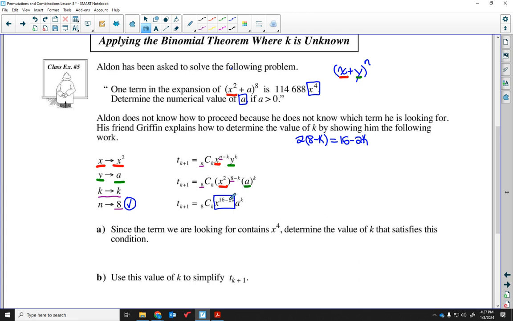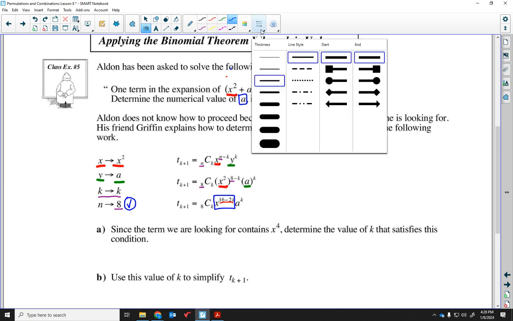Well, x to the power of 16 minus 2k, when simplified, has to be equal to x to the power of 4. So to figure out the value of k, since x needs to be to the power of 4 because that's the power in that term, I'm going to take 16 minus 2k and set it equal to 4. And that's going to allow me to determine exactly what the value of k is.